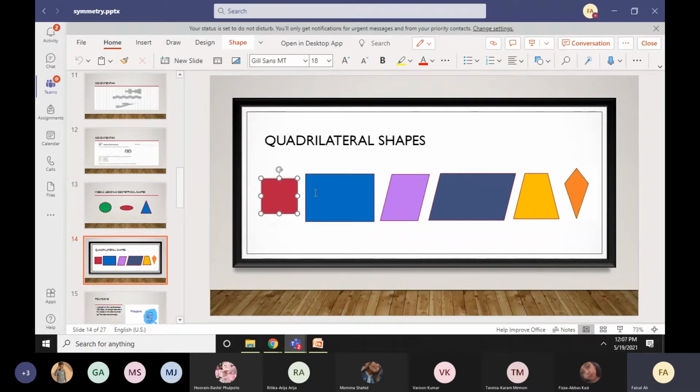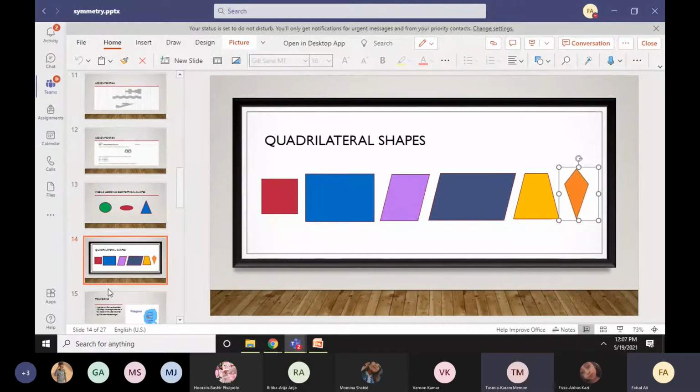So once again, I am repeating from the left side. This is a square. The second is called rectangle. The third is called rhombus. The fourth is called parallelogram. The fifth is called trapezium. And the last one, the sixth, is called kite. So these are quadrilateral shapes. We say these are quadrilaterals because all these figures have four sides.